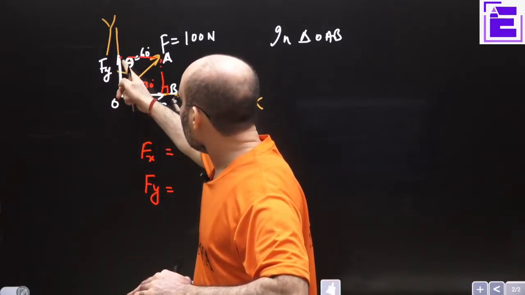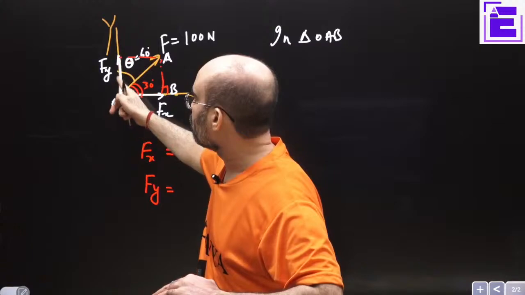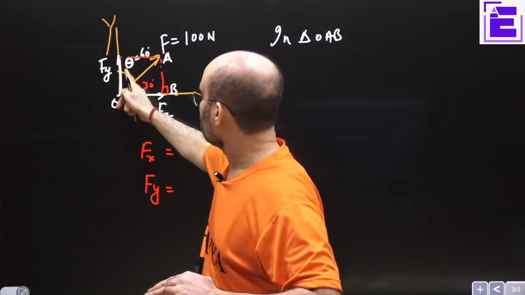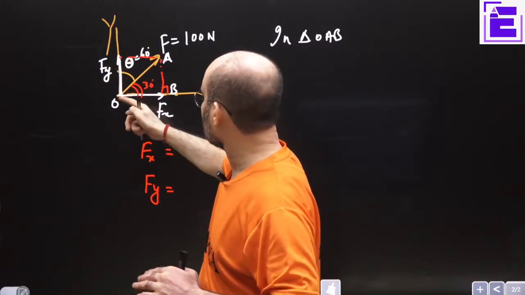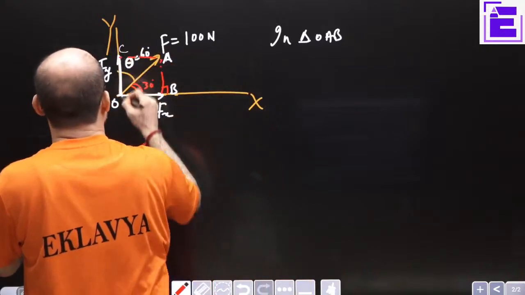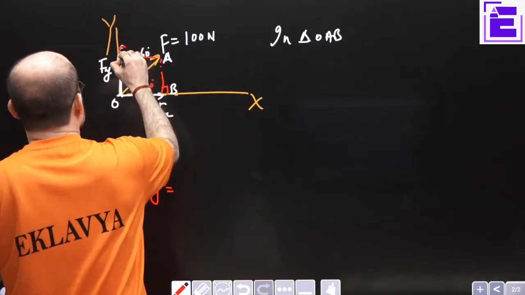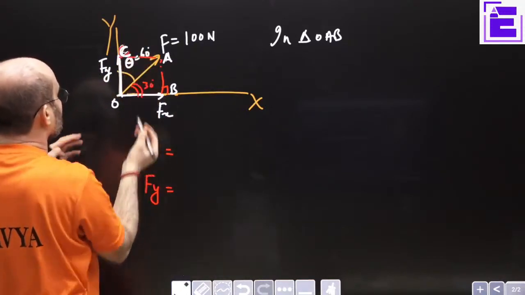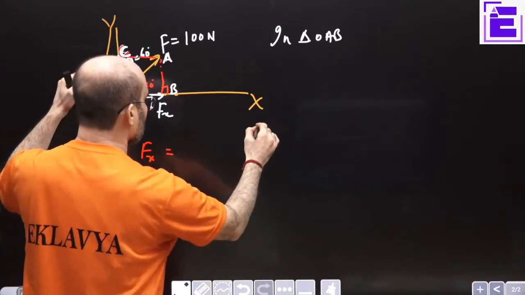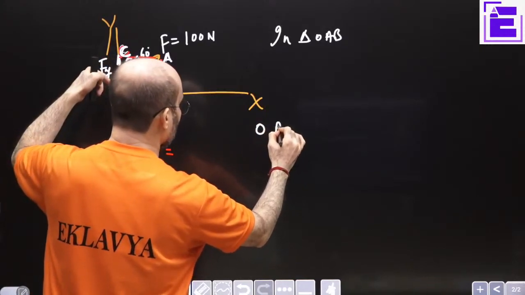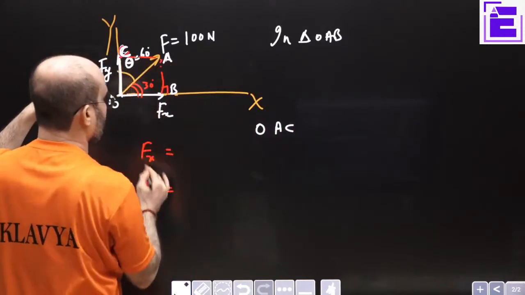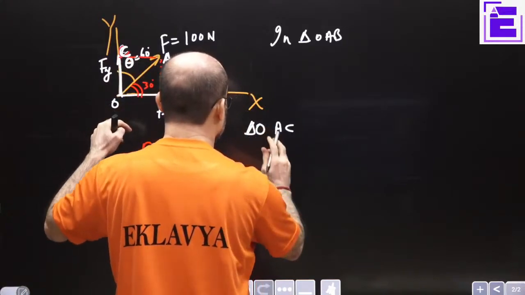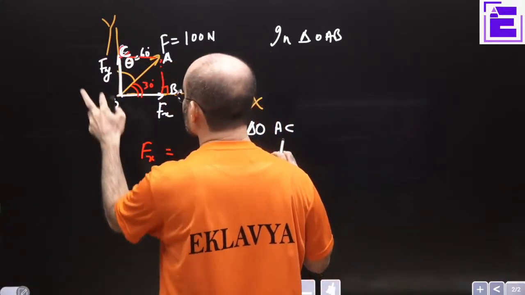If you consider this to be the component, this triangle OB, and let's call this point C. In triangle OAC, what will happen? Just have a look.